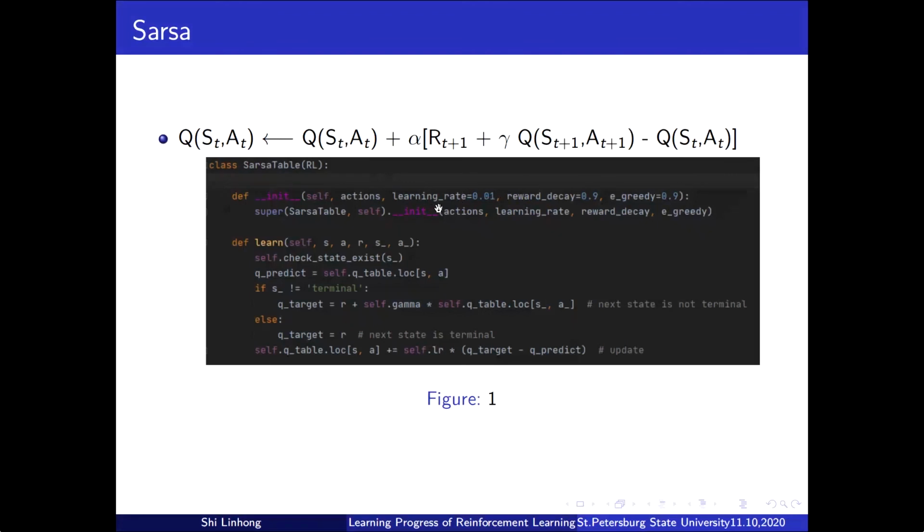In my program, I set alpha equal to 0.01, gamma equal to 0.9, and epsilon greedy equal to 0.9. The alpha means learning rate and the gamma means reward decay.